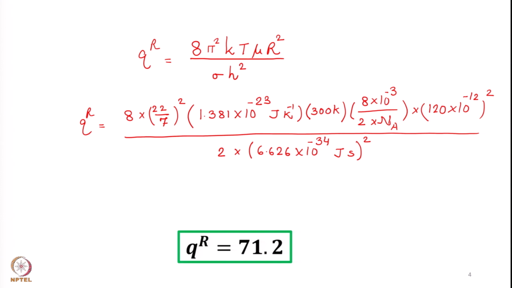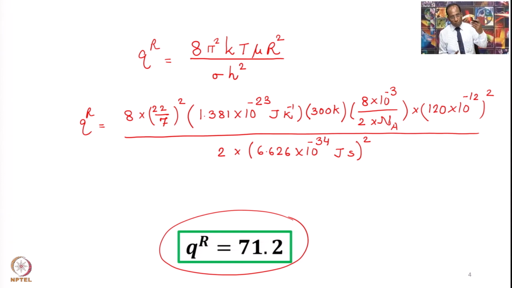Now this value of 71.2 is a sizable value. That means at 300 Kelvin, 71 thermally accessible rotational states are present.